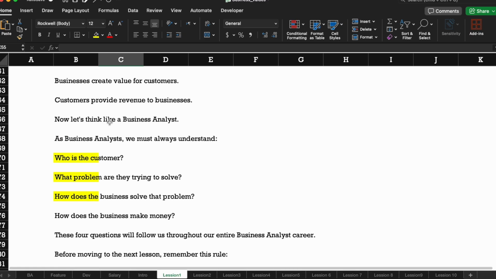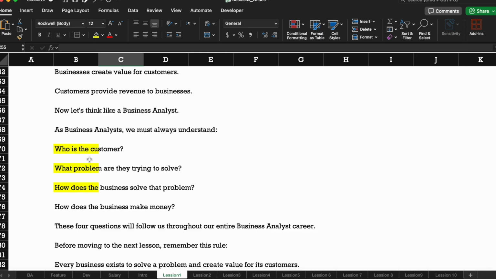Now let's think like a business analyst. As a business analyst, we must always understand these items. There are 4 items, and I have highlighted only 3, because these are the questions every time you get a requirement: you need to understand why we are building this. Who is the customer? First, you need to understand who is the user, the consumer, or the client.